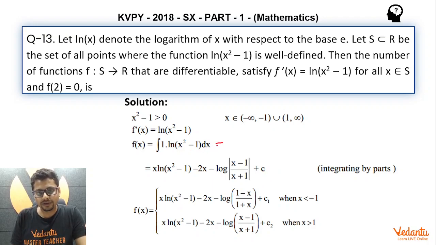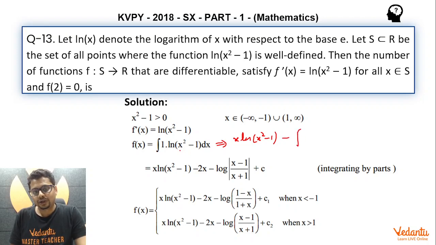Now in case you are not convinced, let me solve it. 1 is the second function, so you get x times ln(x square minus 1) minus the integral of x times the derivative of ln(x square minus 1), which by the chain rule is 1 by (x square minus 1) multiplied by 2x, so this is what it becomes.